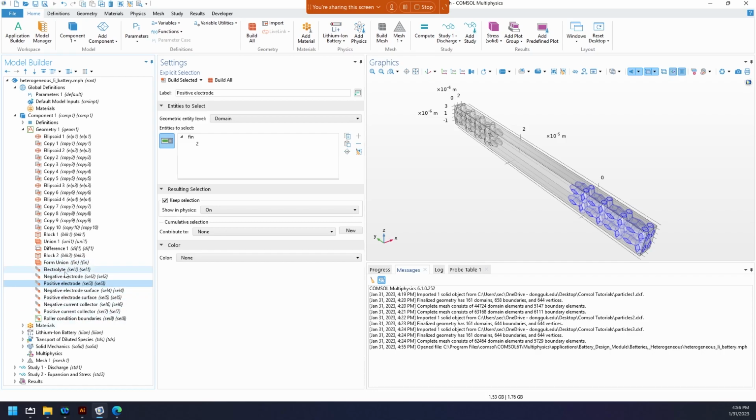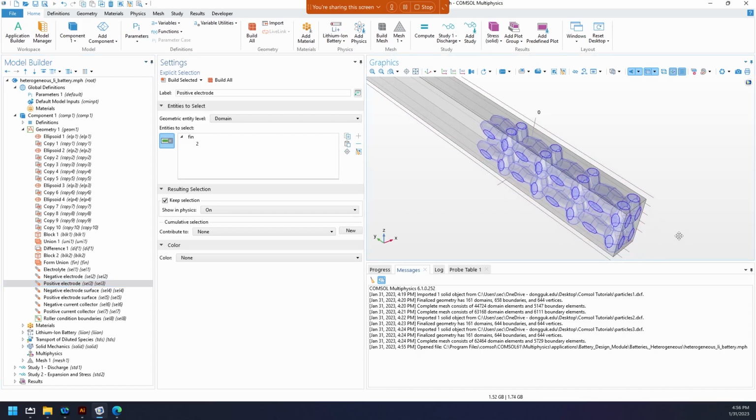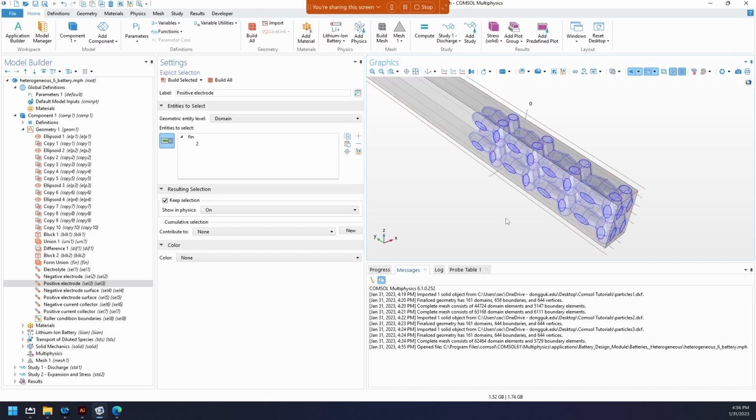We can define these things inside the geometry to make all of them like one domain. If we do not define these selections, then these particles, I believe there are 32 particles, each particle will be one domain.